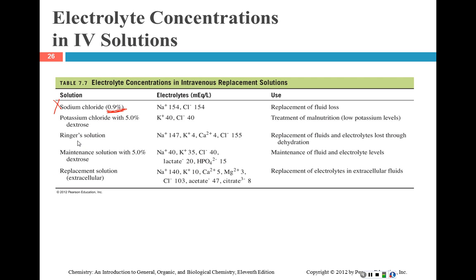If you're wondering where a lot of these numbers come from, they come from what should be normal in the body. The Ringer solution has several different versions, also 5% dextrose with lactate, lactated Ringer's, and so on. It just depends on what's going on with the patient and what they're deficient in.